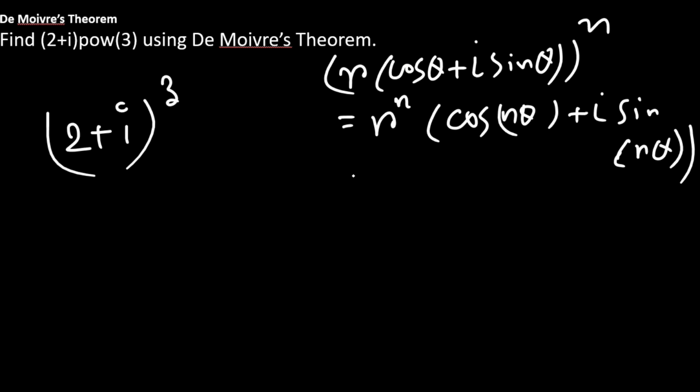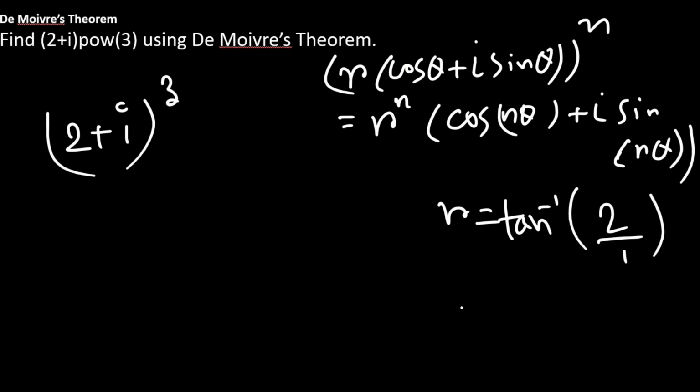So first we need to find the argument. It's 2 and 1, so take theta equals tan inverse of 2 over 1. It will give me theta equals 63.43 degree.